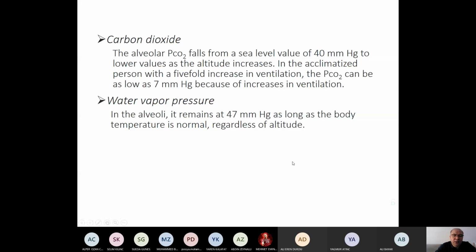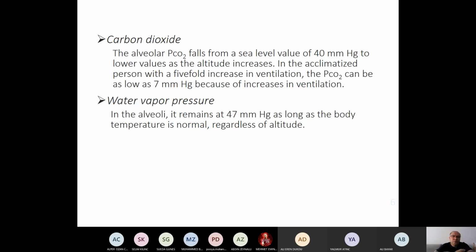So in high altitude, carbon dioxide concentration goes down. Why? Because you start to respirate deeply and frequently, okay? Due to decreased oxygen saturation in the blood, this will cause the carbon dioxide level to fall.